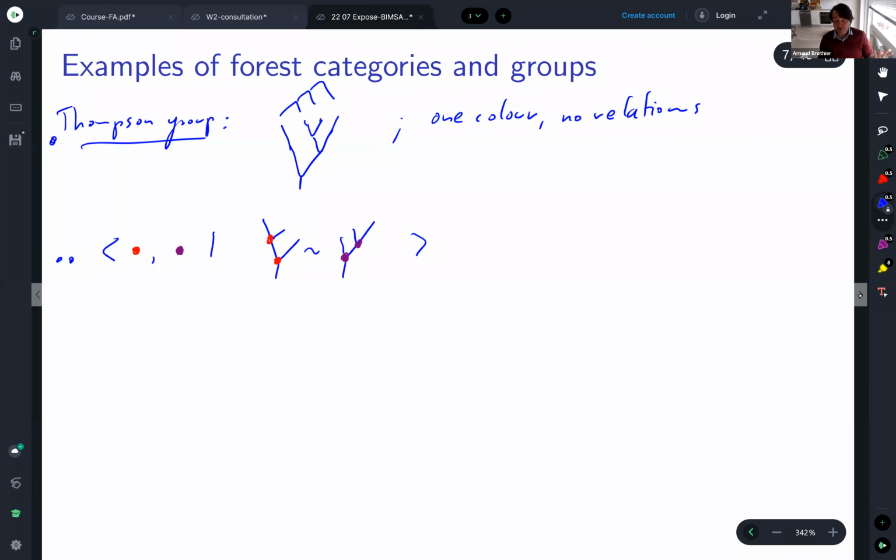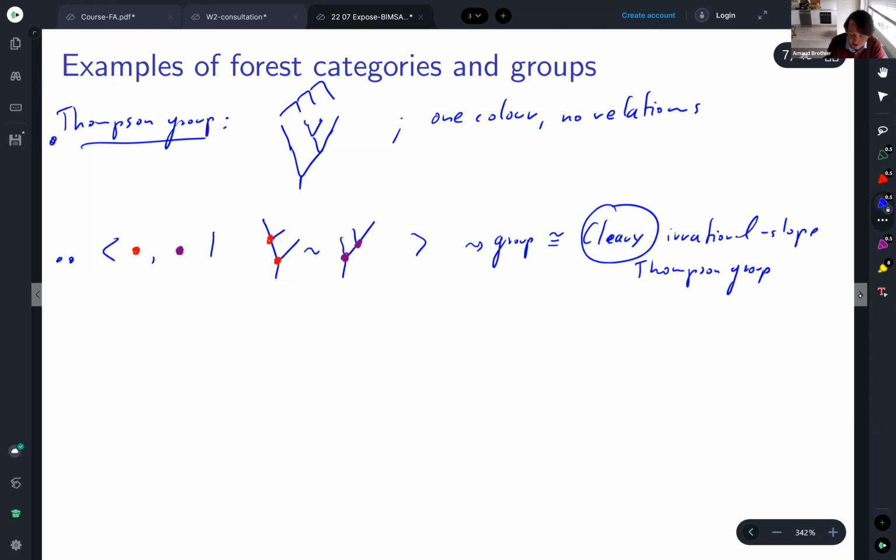Well, this gives you a category where you can invert everything. It gives you a group that is isomorphic to what is called the Cleary irrational slope Thompson's group.